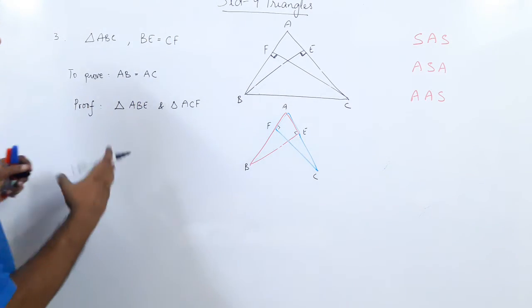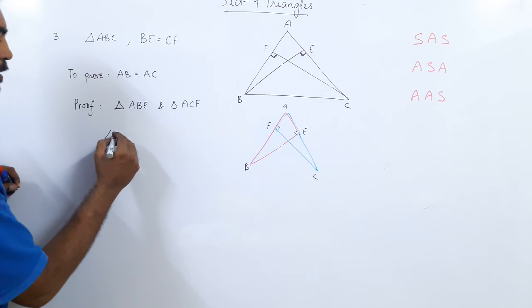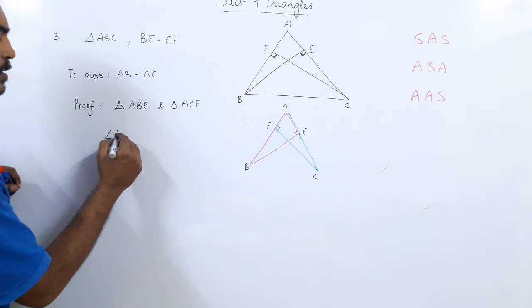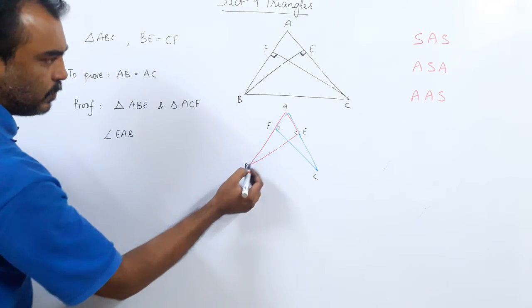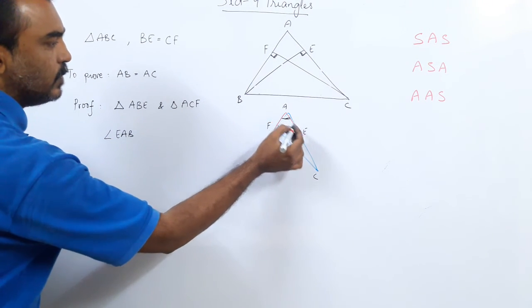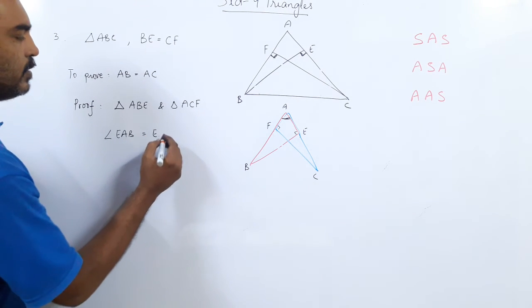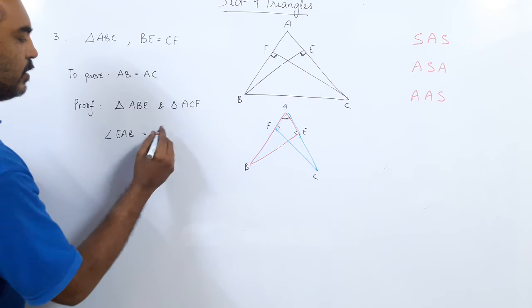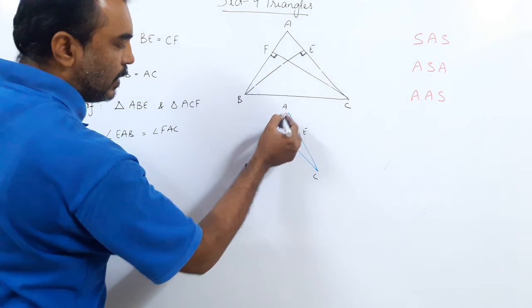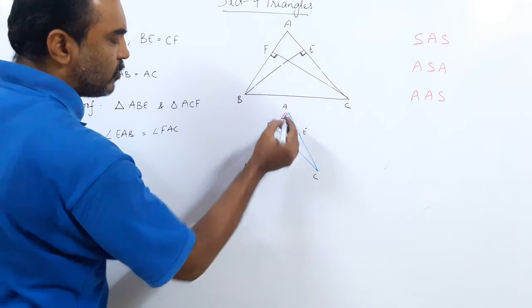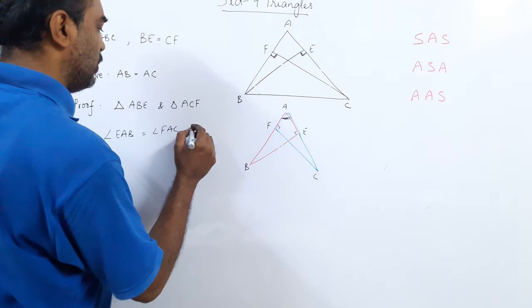Now look. Angle EAB. Look at angle EAB equal to angle FAC. Look, EAB of the red triangle equal to FAC of the blue triangle.